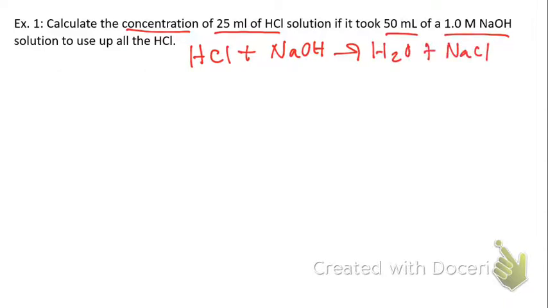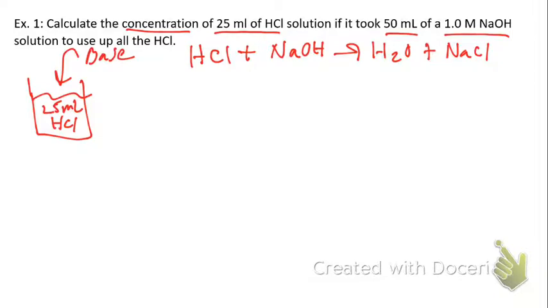All right, so essentially we have 25 milliliters of the HCl, and we're going to add in base. Total amount of base through the titration will be 50 milliliters, and then we'll reach our end point, and that will be our neutralization point there, or equivalence point, we should say.